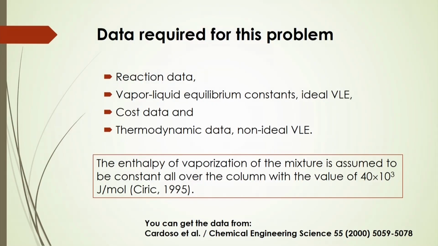It is also very important to know that here the enthalpy of vaporization of the mixture is assumed to be constant all over the column, with a value of 14 times 10 to the power 3 joule per mole, as per Ciric, given in 1995. You may get all this data from the paper published by Cardoso et al. in 2000 in the Chemical Engineering Science journal. So, you can take those data for further analysis.